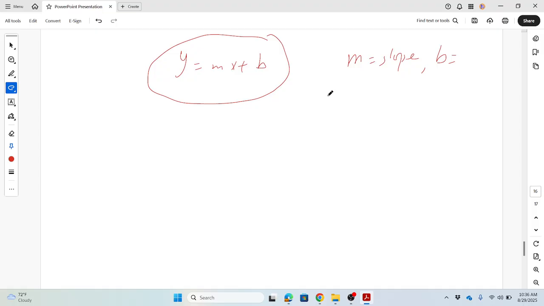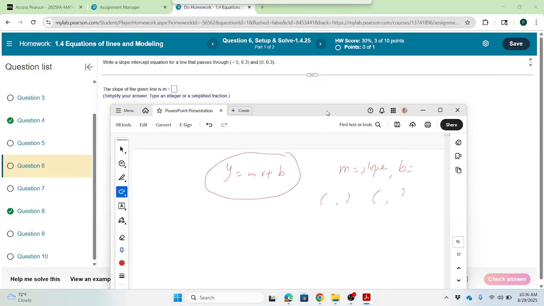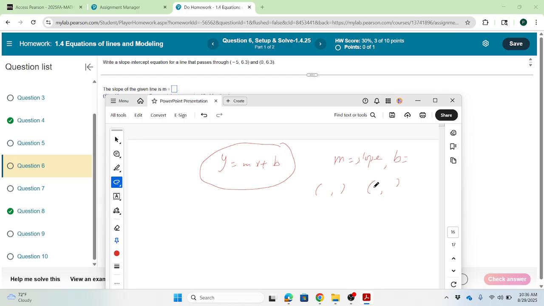One of the points is the y-intercept, which is (0, 6.3). So the value of b is 6.3. And another point is (-5, 6.3).